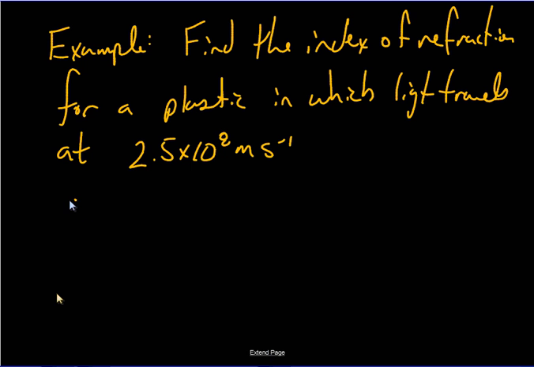Now, c, the speed of light in a vacuum, is 3.0 times 10 to the 8 meters per second.